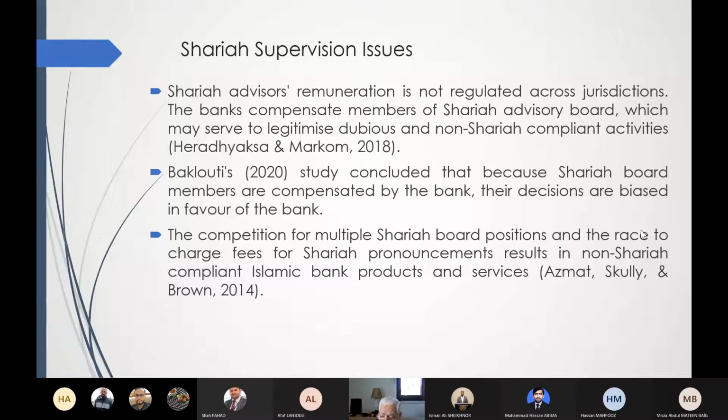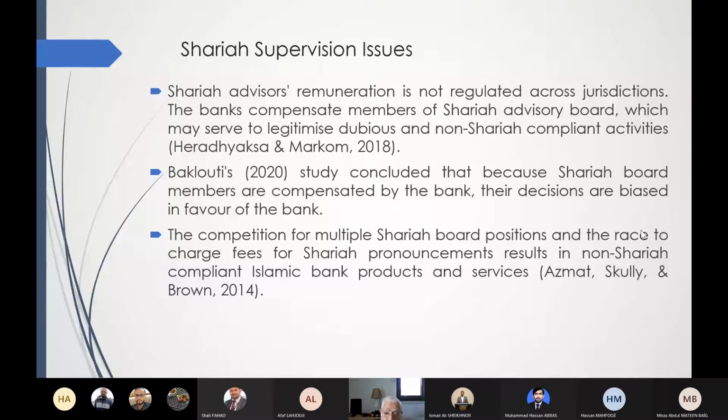Of course, if the window is going to accept deposits and distribute profit to these deposits, it has to have a firewall in its accounts between the revenues of this window and the revenues of the bank, because the revenues of the bank are mixed.